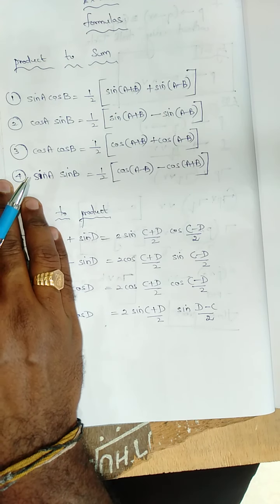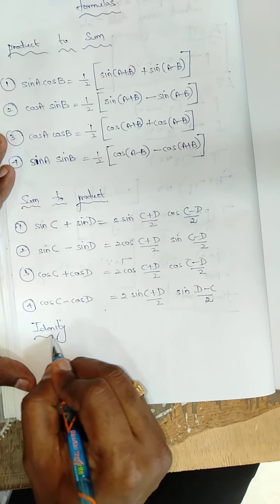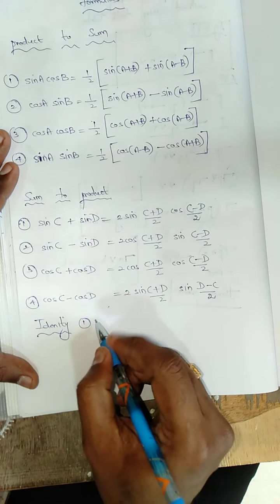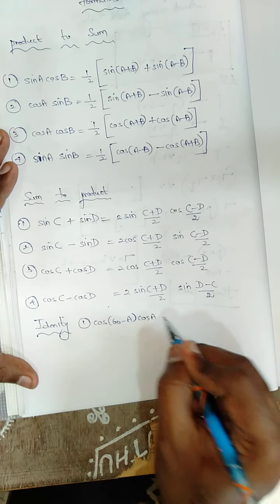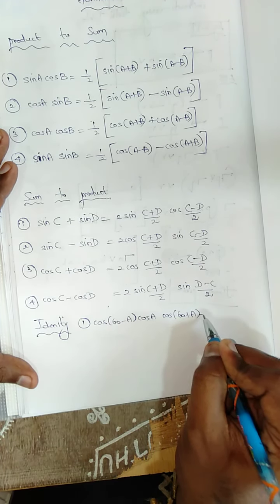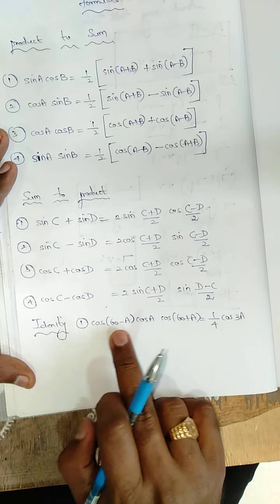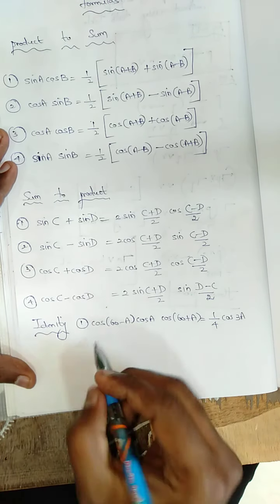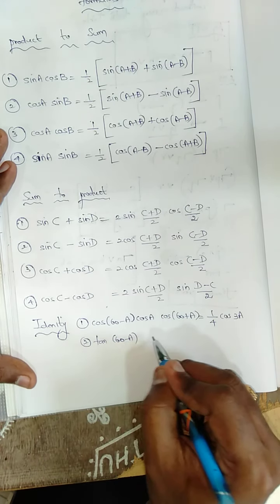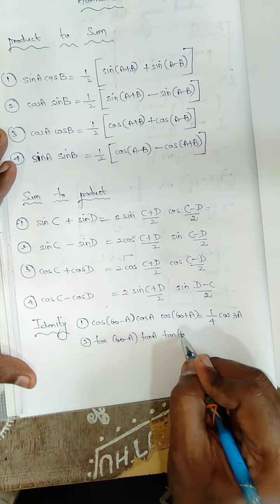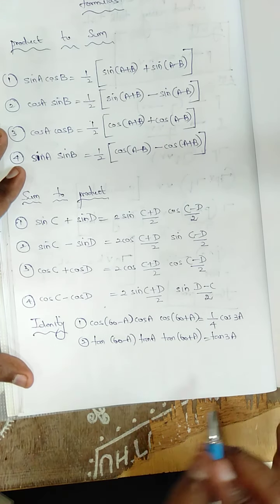The first identity, listen carefully, very important: cos 60 minus A, cos A, cos 60 plus A is equal to 1 by 4 times cos 3A. Next, the second identity: tan 60 minus A, tan A, tan 60 plus A is equal to tan 3A. These are the simple identity formulas we have learned.